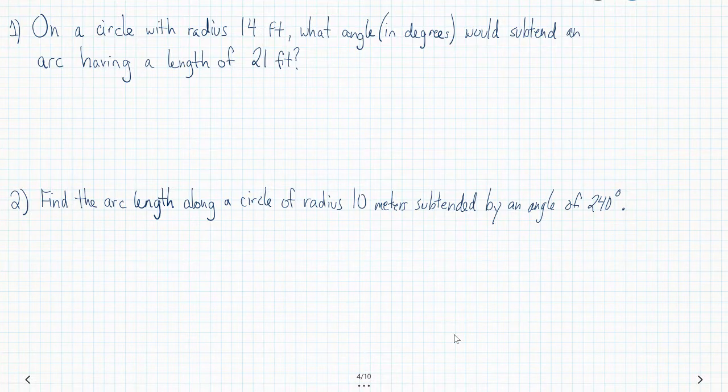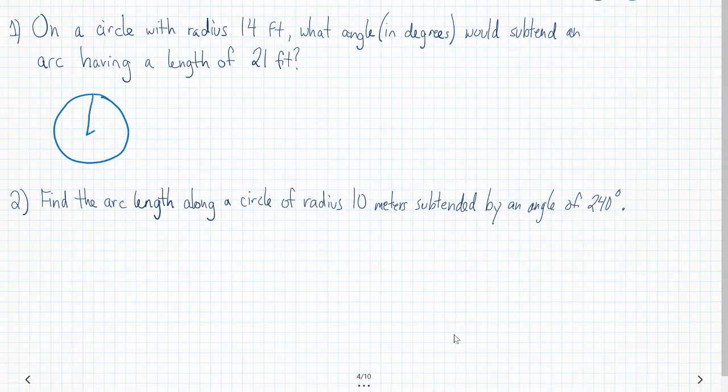So now, on a circle with radius 14 feet, what angle in degrees would subtend an arc having a length of 21 feet? Don't let your eyes fool you, that is feet right there. So the circle business, if I have a circle here, pretend that's the center of the circle.